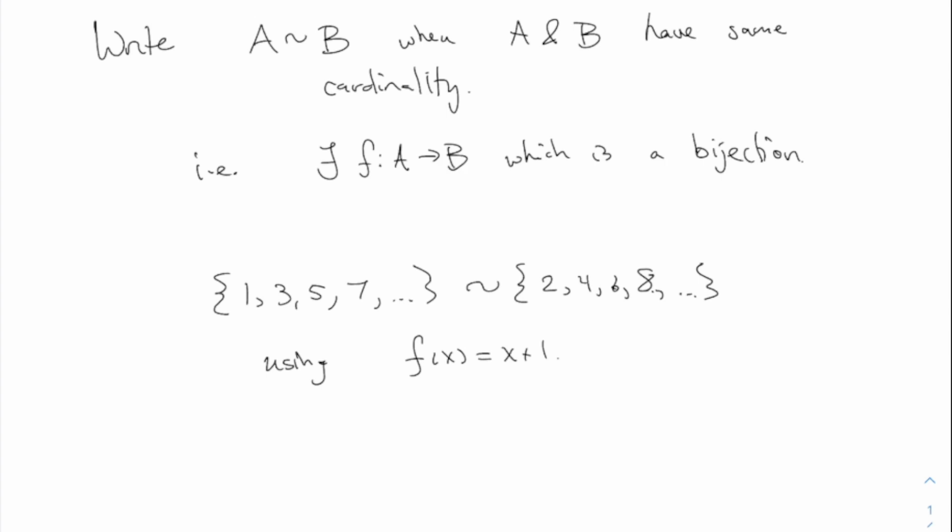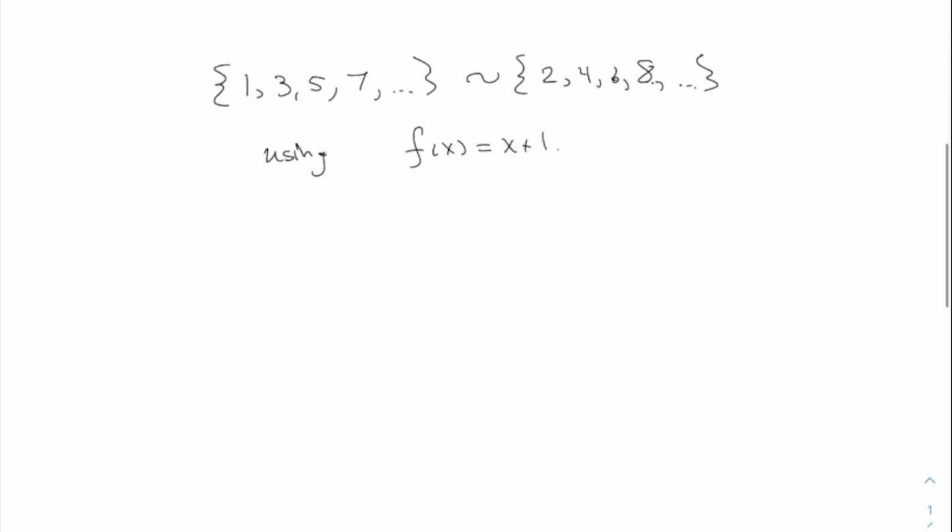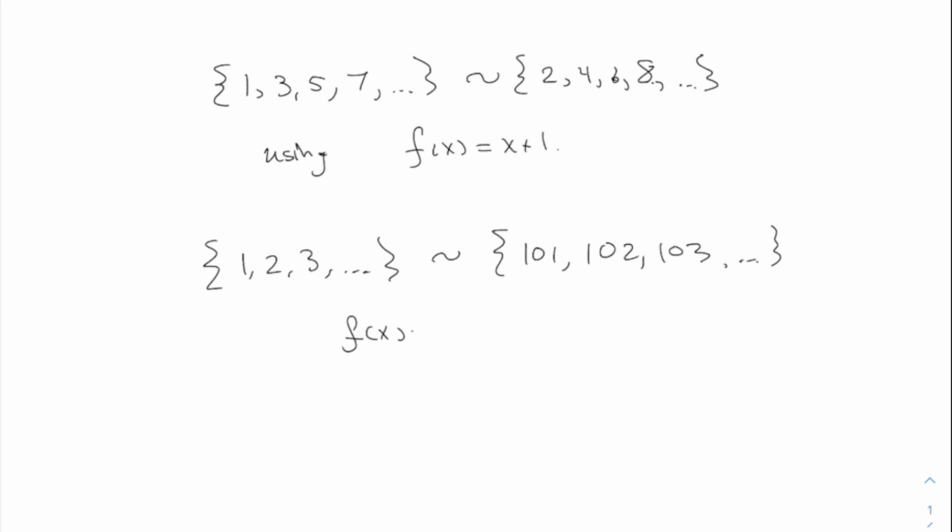Okay, other examples. We had something like 1, 2, 3, etc. This is the same cardinality as 101, 102, 103, etc. This is because I can use f of x equals x plus 100, and we get the set on the right. Okay?